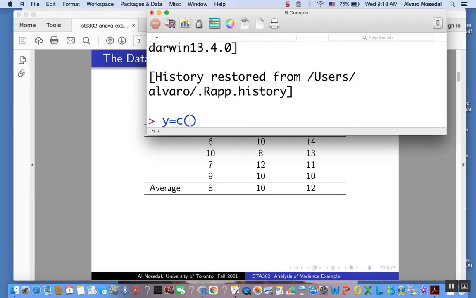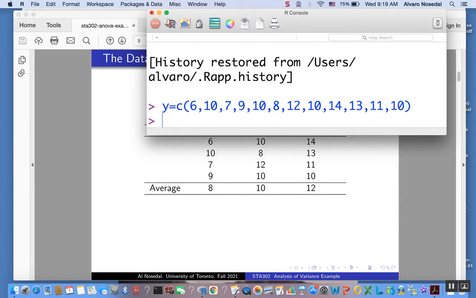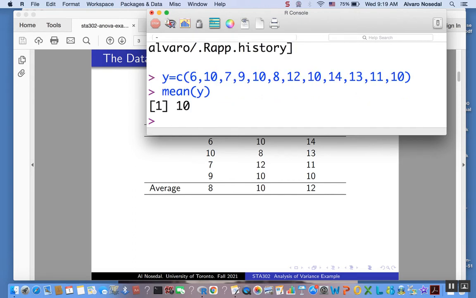So y happens to be 6, 10, 7, 9, 10, 8, 12, 10, 14, 13, 11, 10. Just to check, mean of y is 10. So we have our data set there, ignoring the information about country.